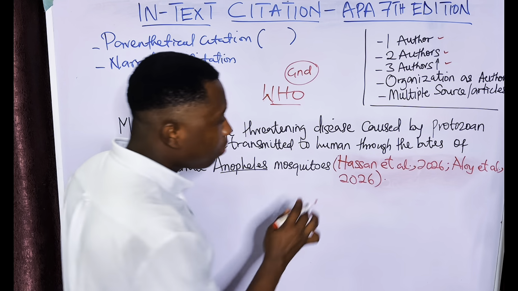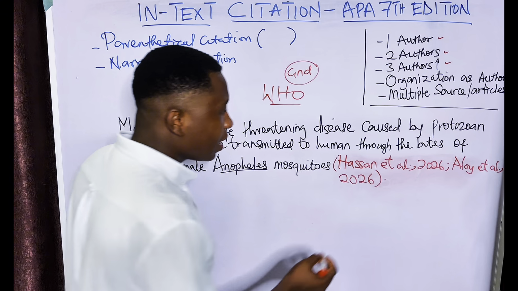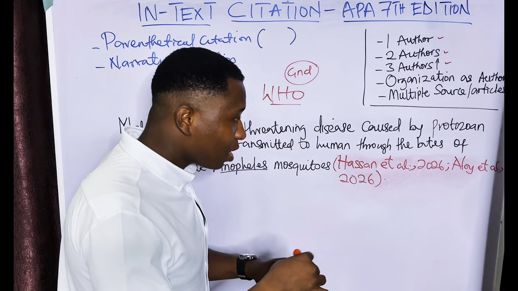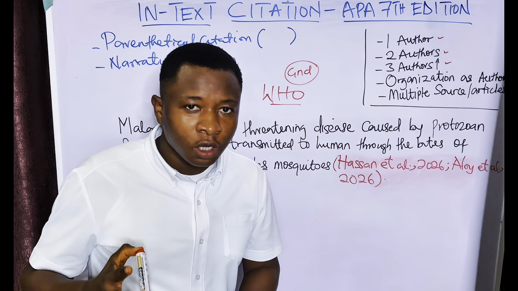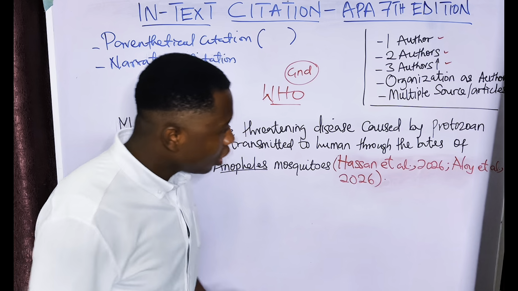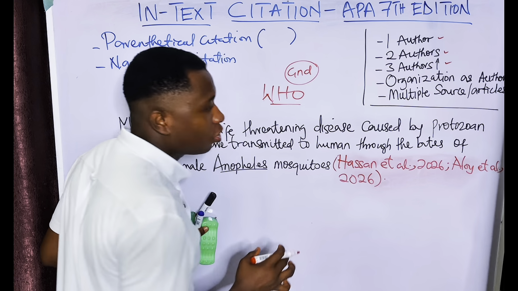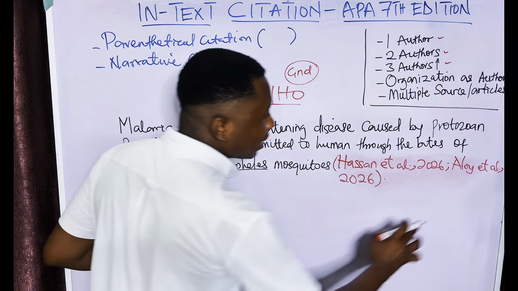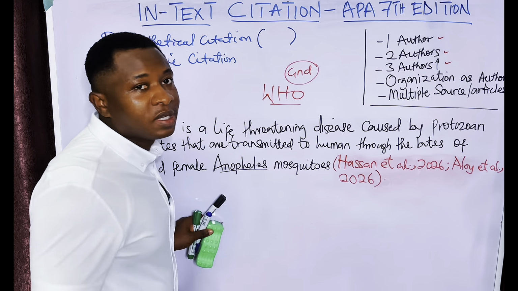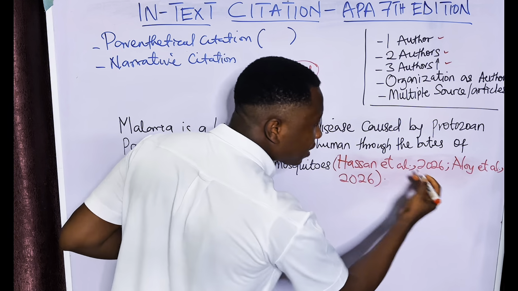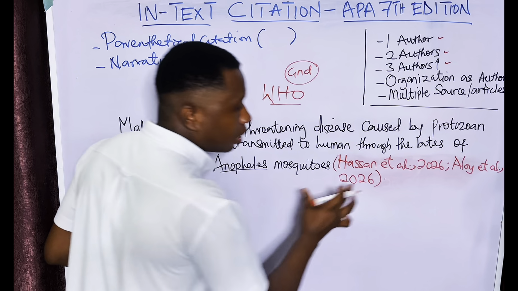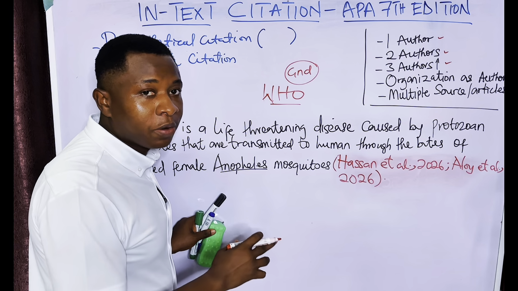Now, an important thing here is that the article, the work that was done first should come first. So let's assume that Hassan was done in 2025 and Alloy was done in 2026. Obviously, Hassan will come first before Alloy, right?